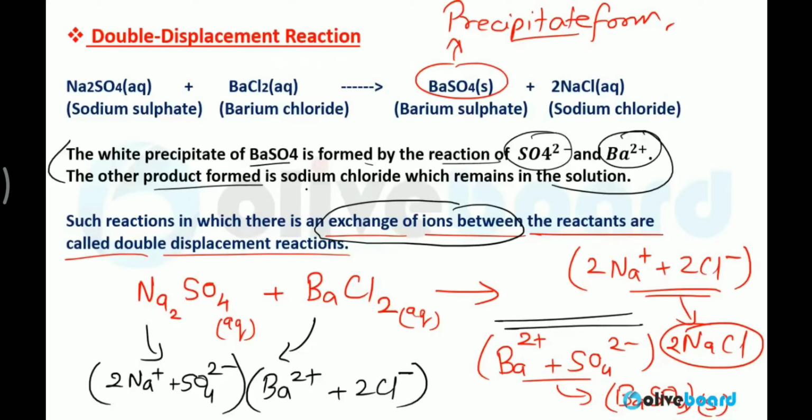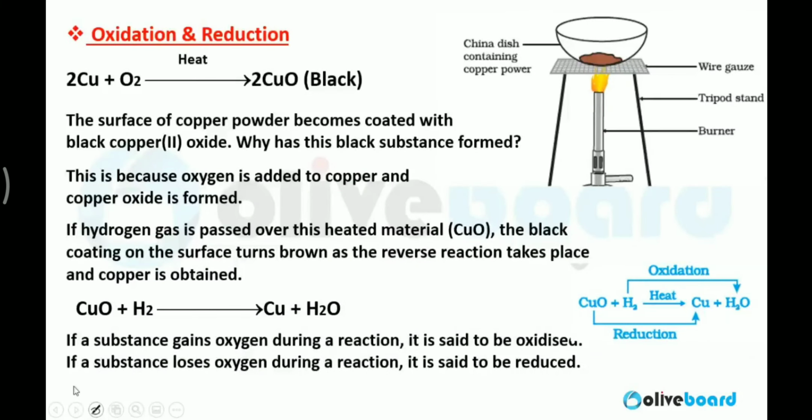The other product formed is sodium chloride, which remains in the solution in aqueous form. Clear? So this is the fourth type of chemical reaction, the double displacement reaction. And at the last we will discuss oxidation and reduction. This is our fifth type.